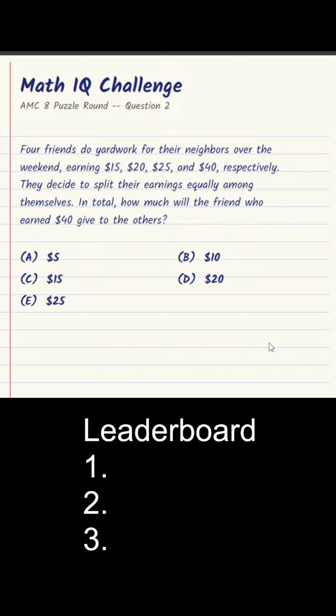So, there are 4 friends who are earning these respective amounts for some work, which is 15, 20, 25, and $40 respectively, and they split their earnings among themselves. So they divide the earnings among them equally. So how much will the friend who earned $40 give to the others for splitting? And the options are A, $5, B, $10, C, $15, D, $20, and E, $25.